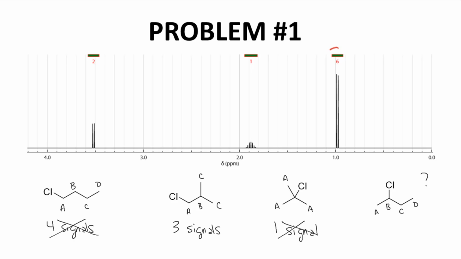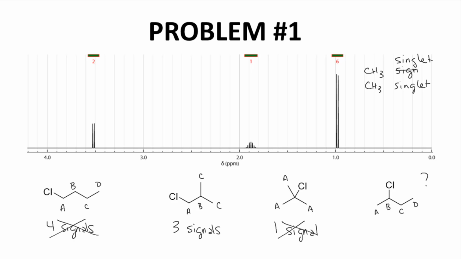Okay, so let's look more at our spectrum. Let's focus back on this big signal, 6 hydrogens. So we have these 6 hydrogens together. This could be a CH3, which is a singlet, and another 3 hydrogen singlet that happen to be right next to each other.